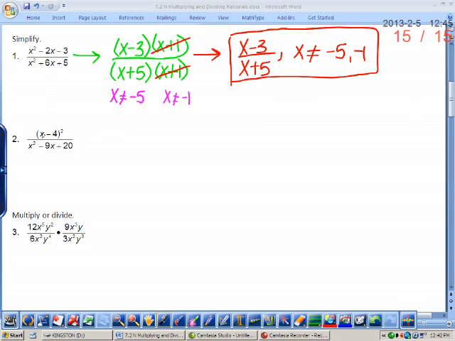It's going to take you further away from your goal rather than closer to it, because our goal is to get everything as factored as possible. So instead of writing x minus 4 squared, could I write this as x minus 4 times x minus 4? Over, how does x squared minus 9x plus 20 factor?